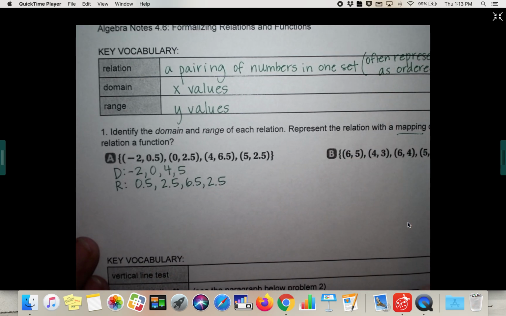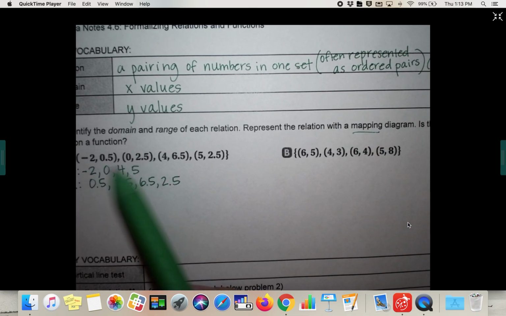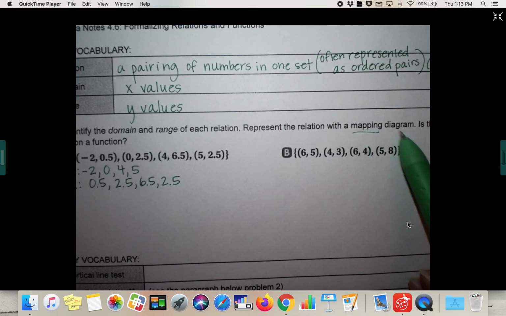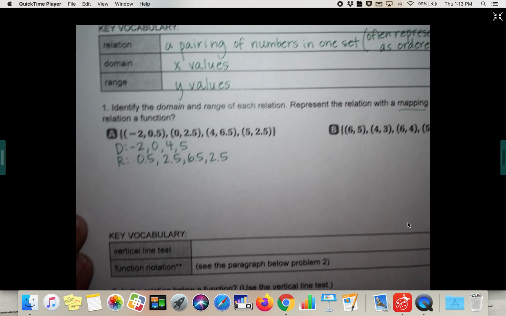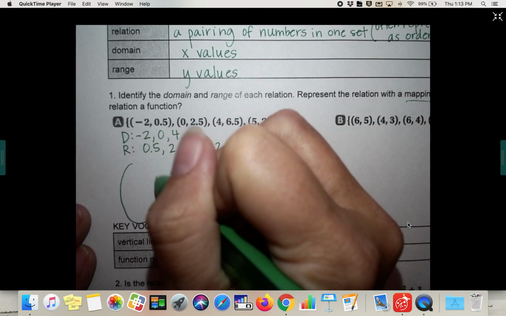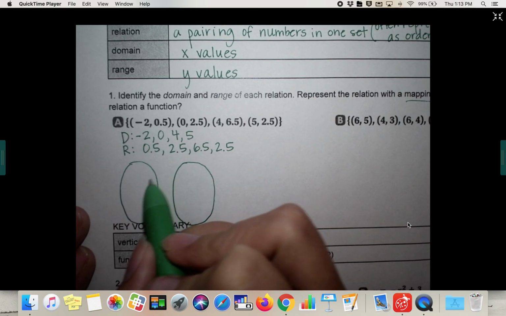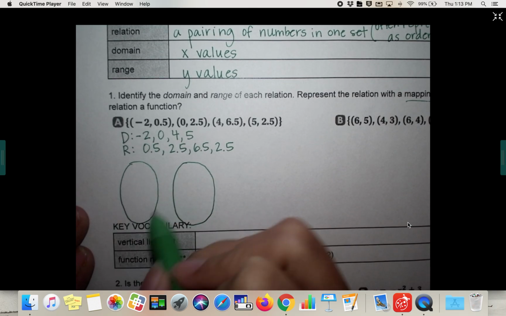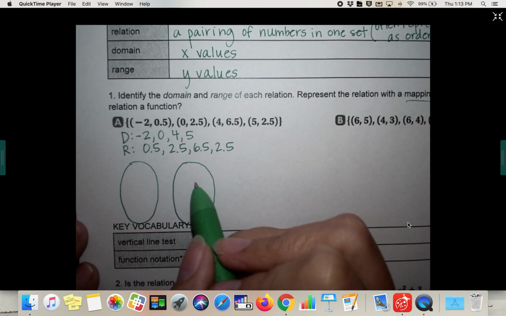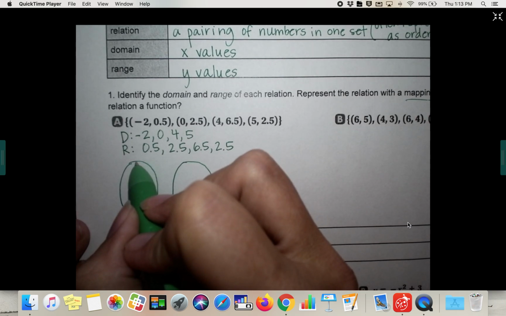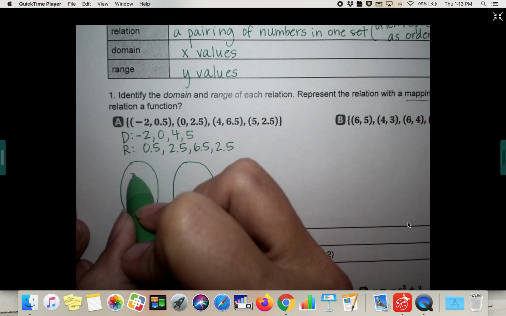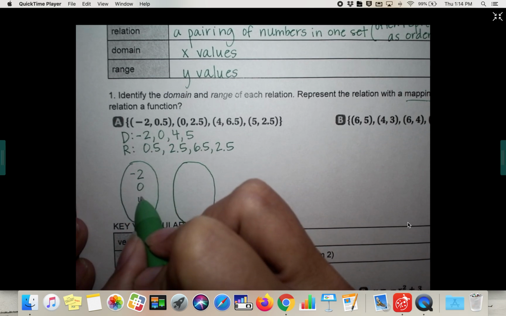Okay, let's talk about this idea of representing the domain and the range with a mapping diagram. So a mapping diagram looks like bubbles. It looks like 2 bubbles, and we're going to draw arrows from the domain to the range. The domain, the x values, is always going to be in the first bubble. So that's -2, 0, 4, and 5.